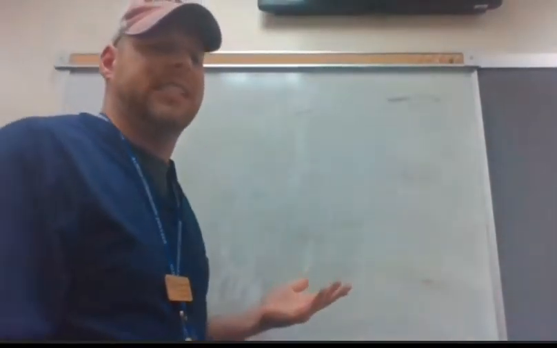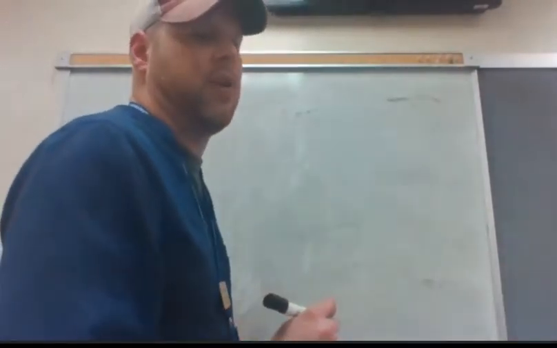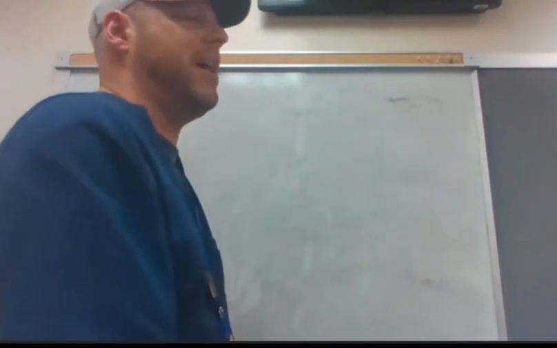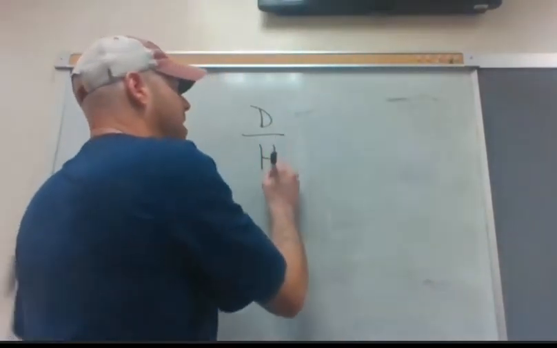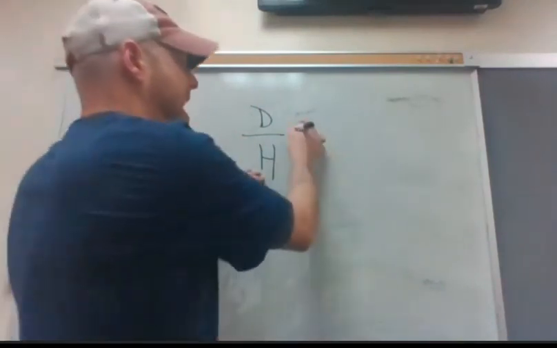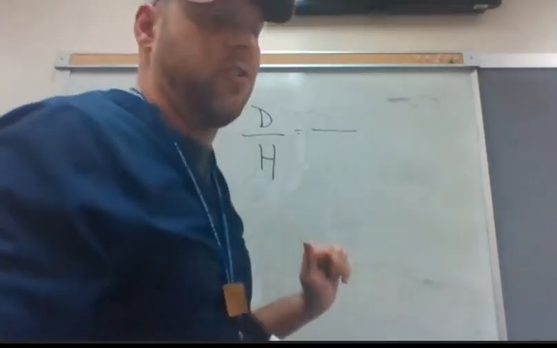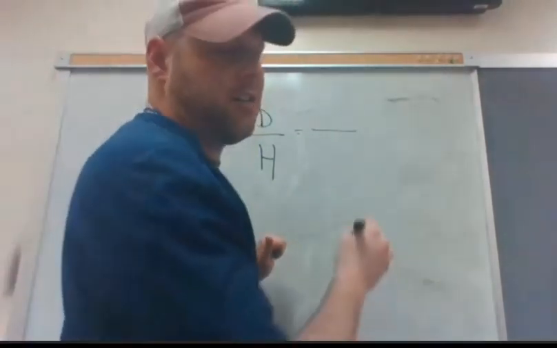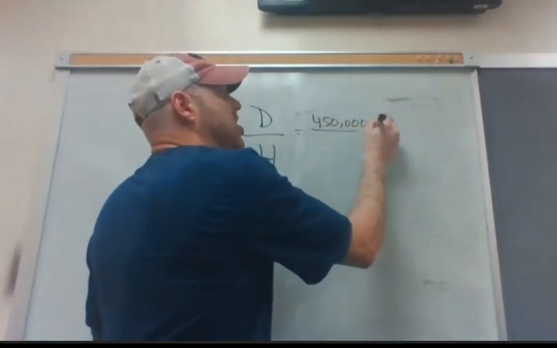Now you remember to set up this problem, which is the majority of getting this right, is setting it up correctly. The doctor is always on top. So we're using our standard formula of doctor over on hand, which is available. The doctor's on top, and what did the doctor order? The doctor ordered 450,000 units.